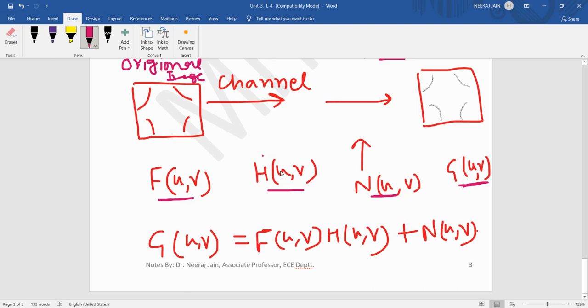So we can write in equation form that the degraded image G(u,v) will be equal to the multiplication of F(u,v) and H(u,v) plus the noise signal N(u,v).